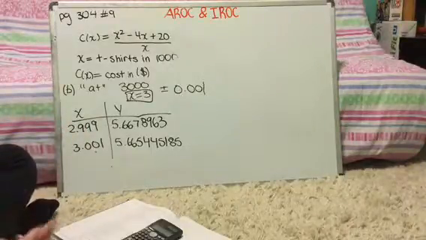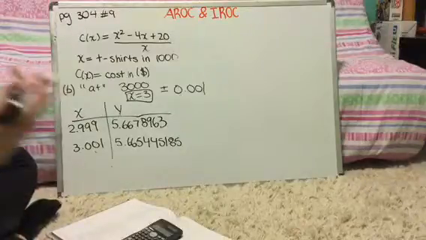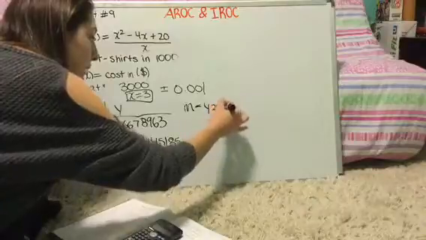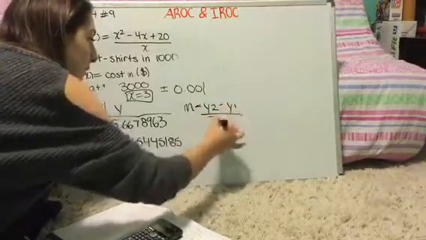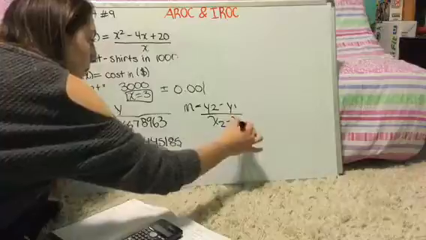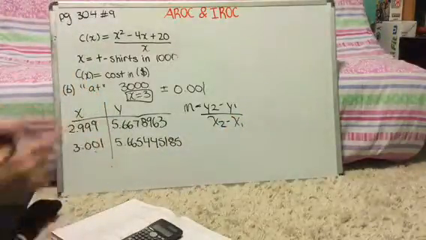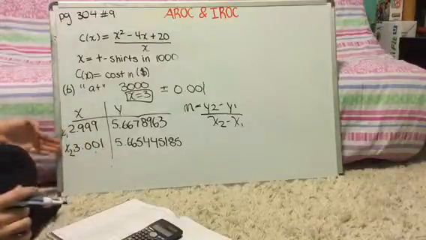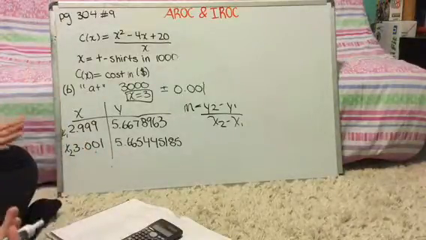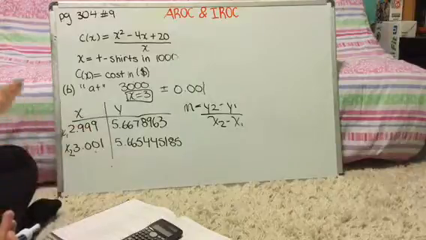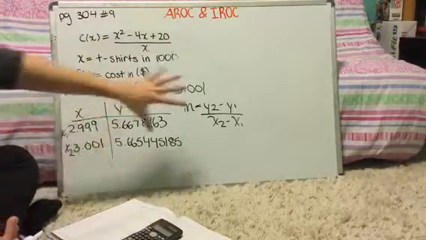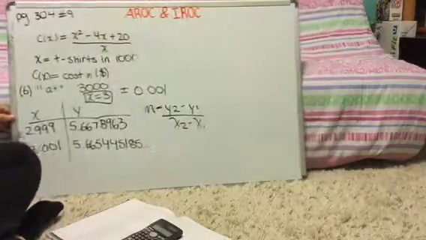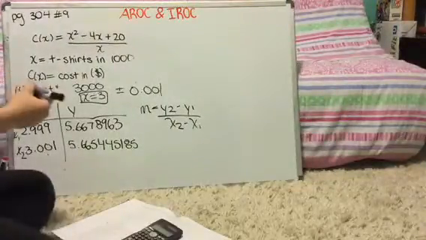So, moving on, we all know that the formula for slope looks like this: m is equal to y2 minus y1 over x2 minus x1. We found our x1 and our x2 values. Therefore, the next step to solving this equation is simply plugging the numbers into our slope formula. So, here we go.